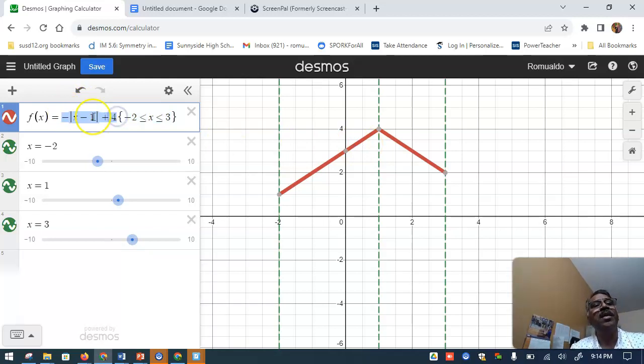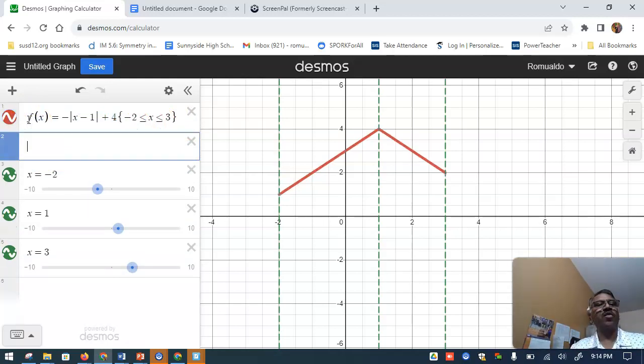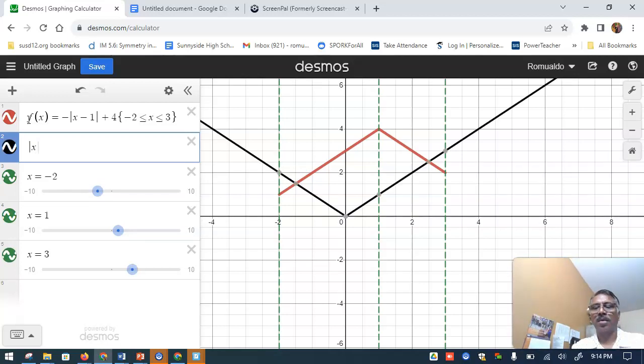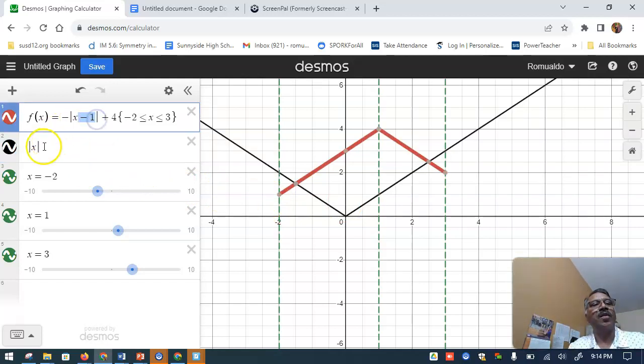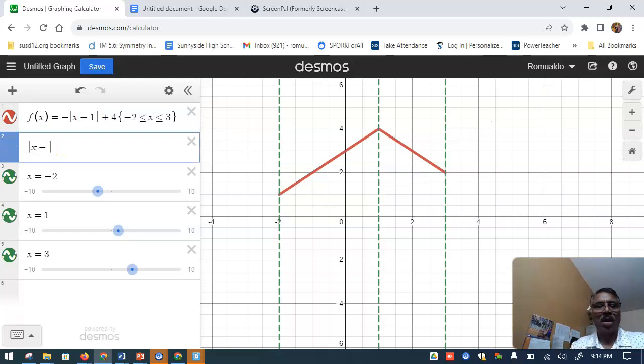If I want to see the original function, the absolute value function, I can put x here. There you go. This V shape in black is the absolute value function, and because of this -1, it shifts one place to the right.